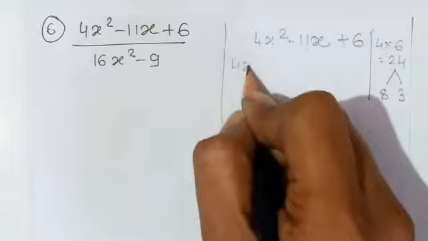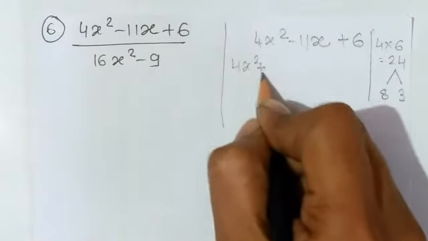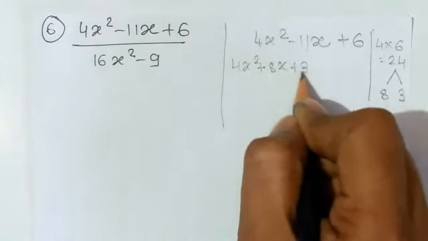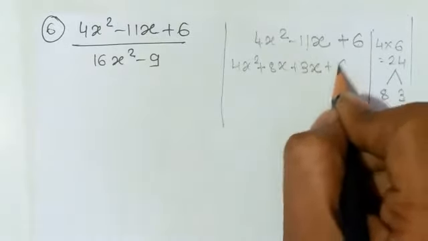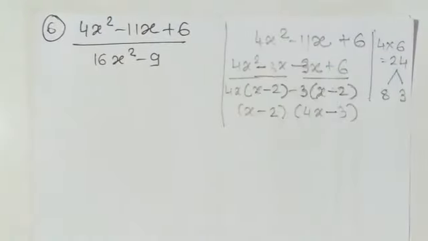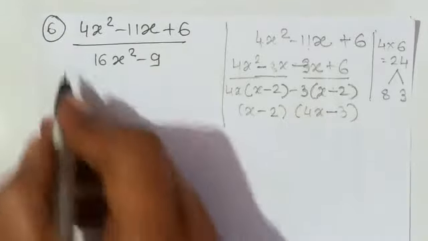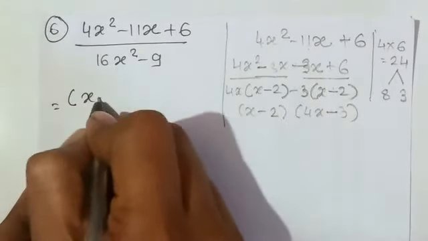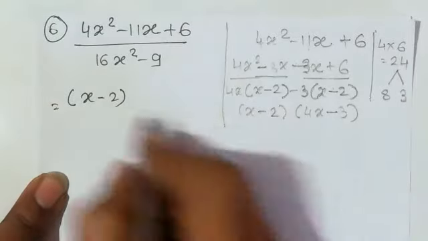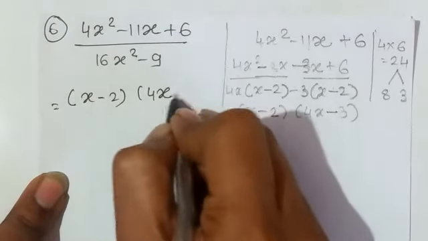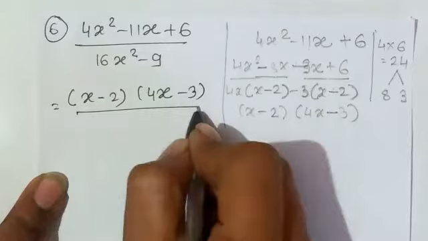So 4x square plus 8x plus 3x plus last 6. These two are the answer terms that we have to write here. x minus 2 in the first bracket and 4x minus 3 in another bracket.